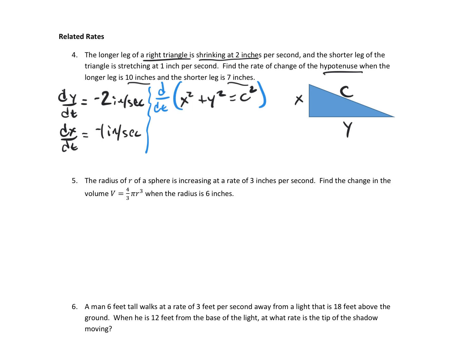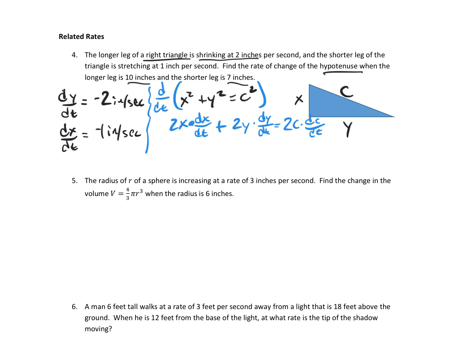So the derivative of x squared is 2x, but we're doing this implicitly, d/dt, so we're going to have the derivative of the inside, dx/dt, plus the derivative of y with respect to t. Well, we got to find the derivative with respect to y first. That's 2y times dy/dt. And the same thing on the other side. Derivative, start with the outside. Derivative with respect to c. That's 2c times dc/dt.